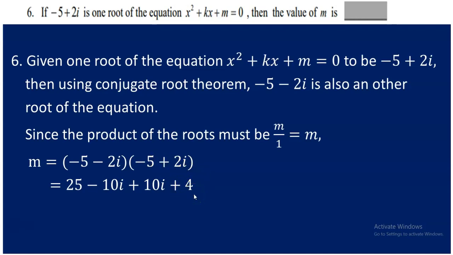Positive 4 comes. So look, students, the middle terms cancel each other, and finally 25 plus 4 comes. So the value for m is 29. Look, so simple, but it needs the concept of those important theorems together with quadratic concepts in order to answer this question.